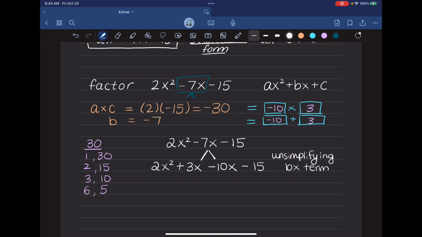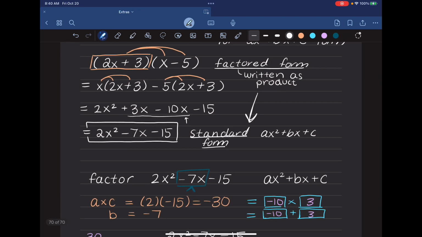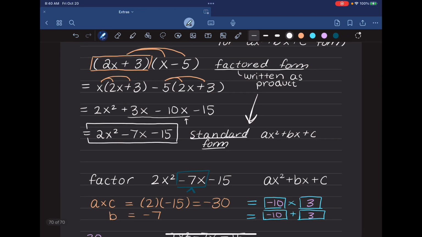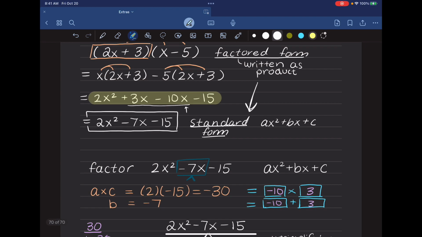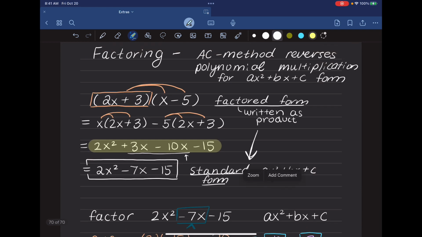And if you compare this to when I was distributing, we actually have the same exact piece right here, right? I have identical pieces. So you can probably look up at this problem where we were distributing and think about, okay, what do we do with the next piece?